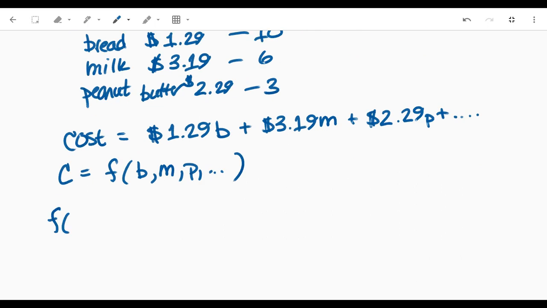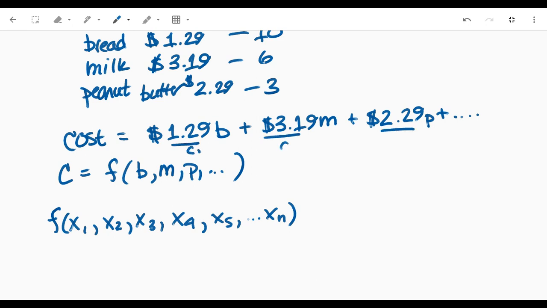So with so many things in the grocery store, we can say it's a function of x1, x2, x3, x4, x5, and so on until we get to xn. And we would have these constants, these costs, which would be C1, C2, C3.